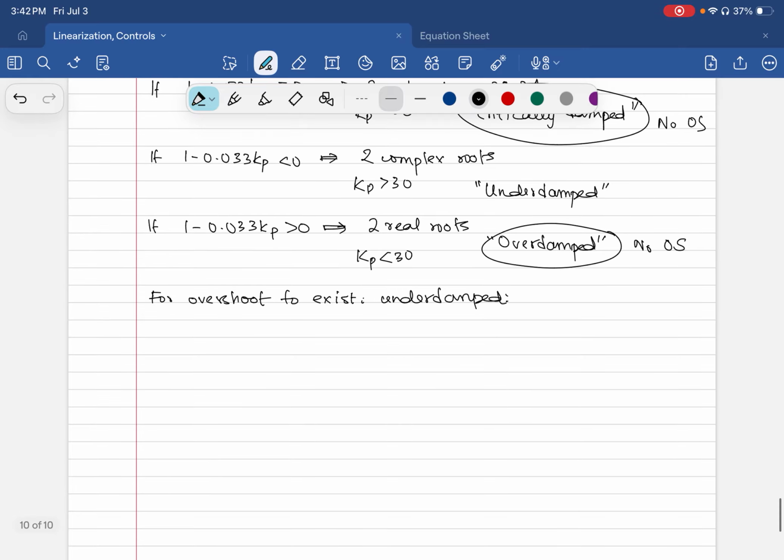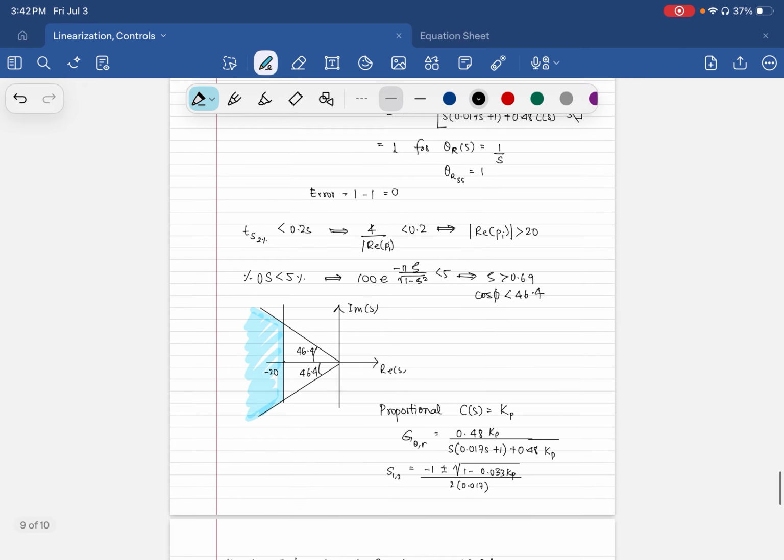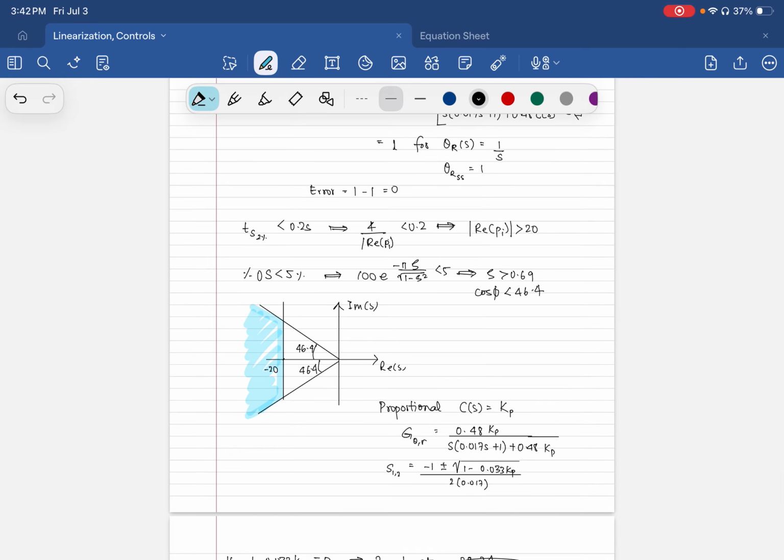And we had found that we had this zeta greater than 0.69 defined for us.